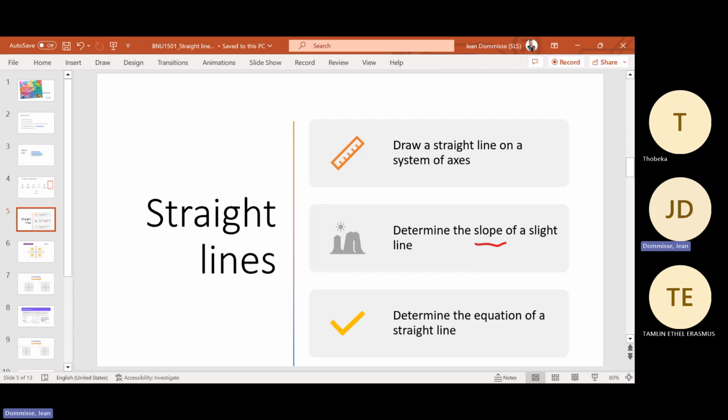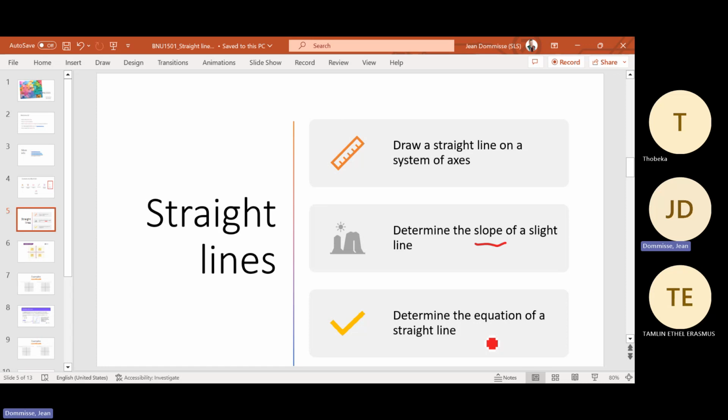It might be that we need to read it off the equation if it is already given. So we will focus on how to identify the slope, how to calculate that. And then in the end, we will also determine what the equation looks like.